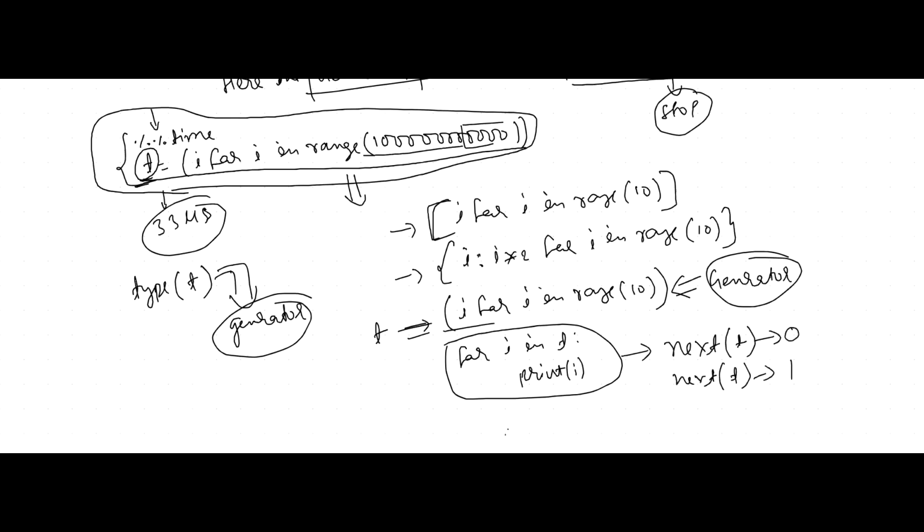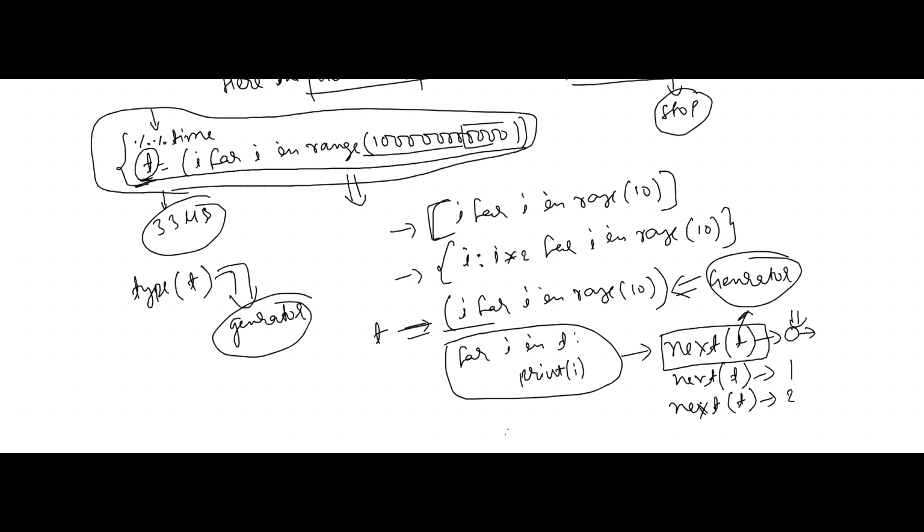Each time you do next of T, it prints the next value. But what is the magic in that? Once you print any value from the generator, say I printed the first value, automatically this value gets deleted from this variable T. You do not have to delete it. That's how it is optimized in memory.